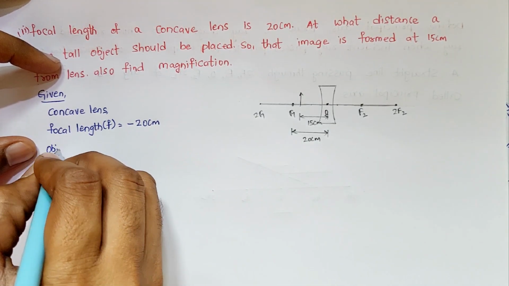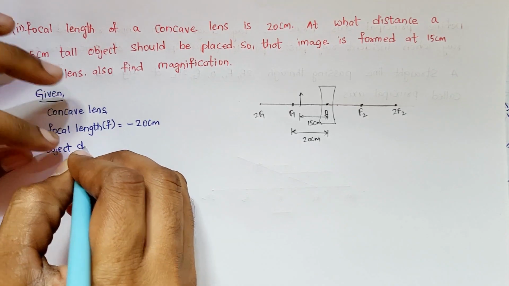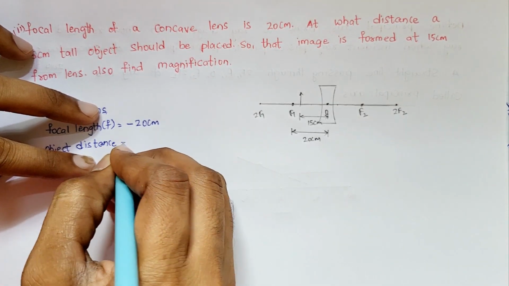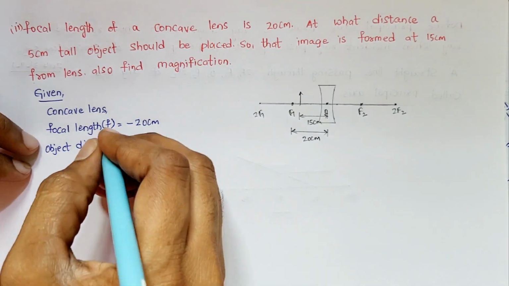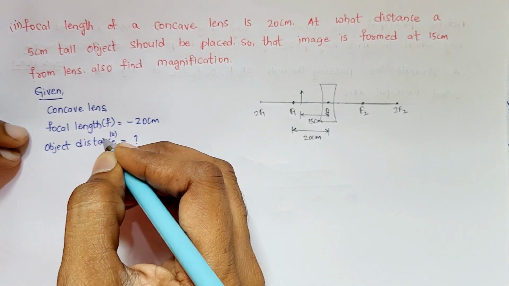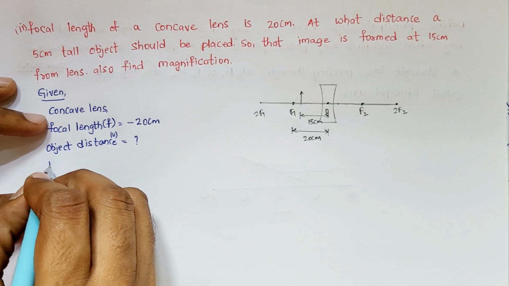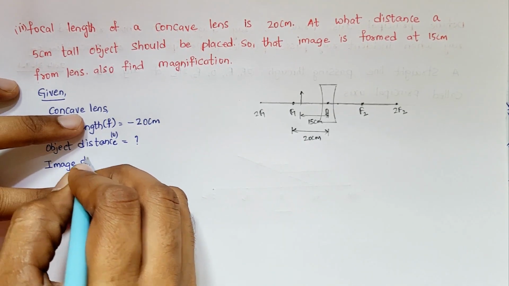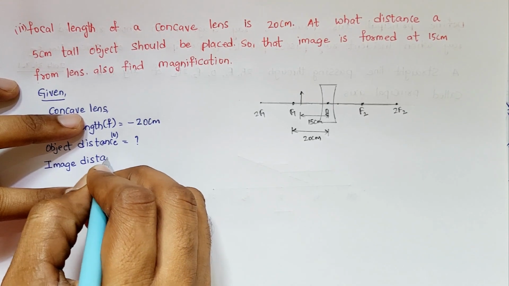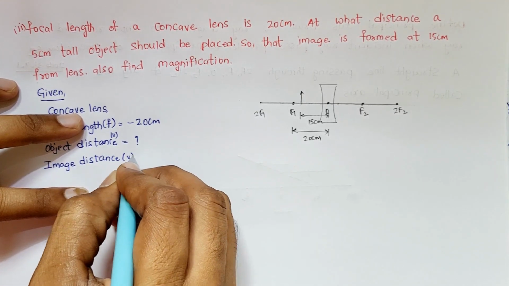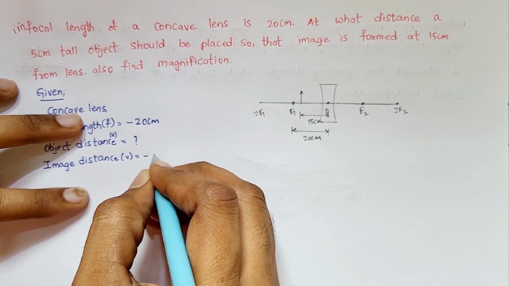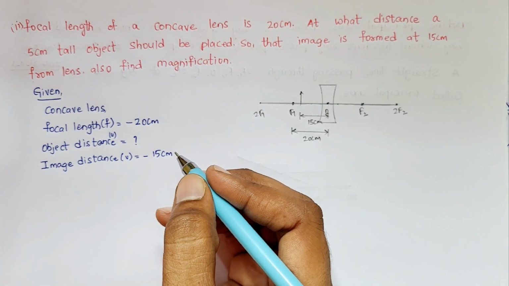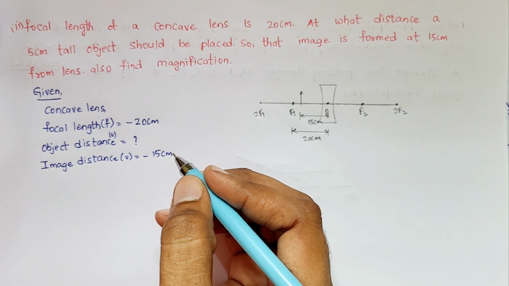Object distance is what we have to find out. They have given the image distance. Image distance v is equal to minus 15 centimeters. So we have to find out the object distance, and also we have to find the magnification, right?